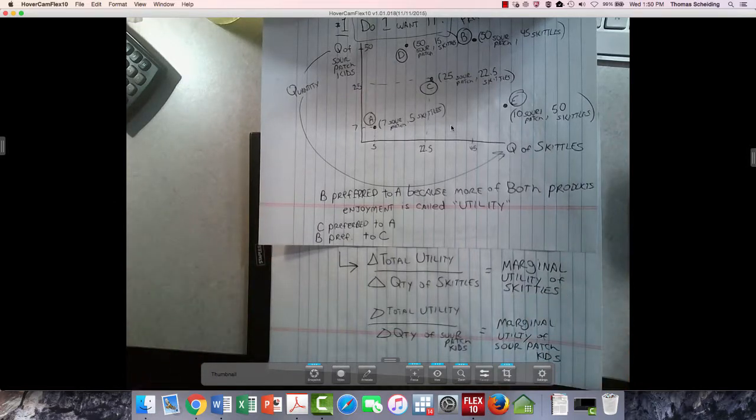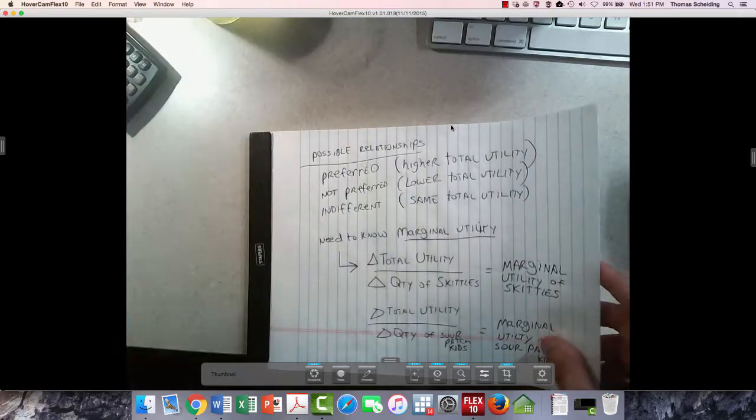What we can draw out at this point is what's called the indifference curve. Some curve, let's try to write this out here.